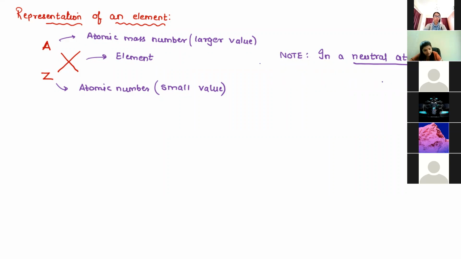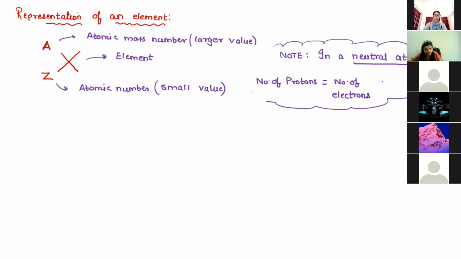In a neutral atom, number of protons equals number of electrons. I want you to copy down this part in your notebook.